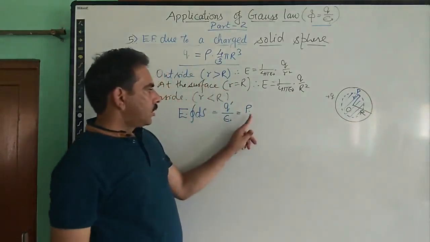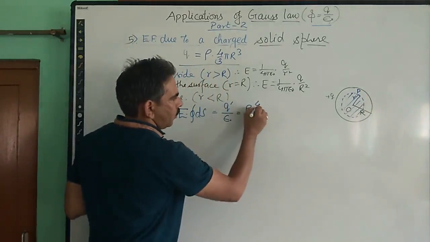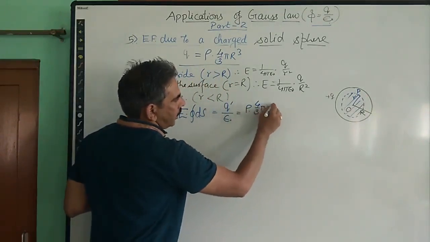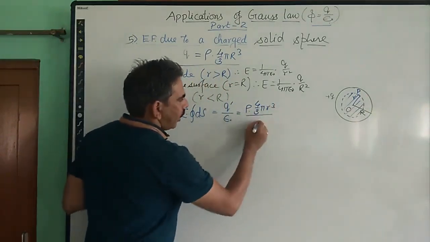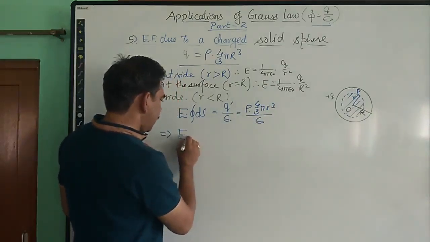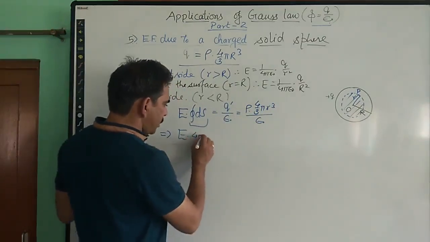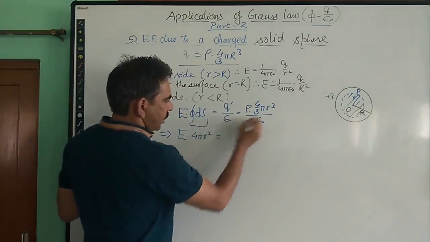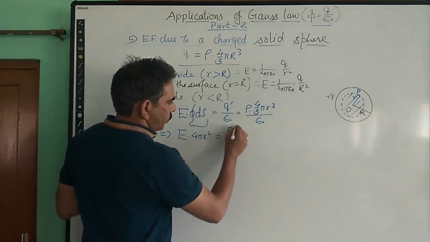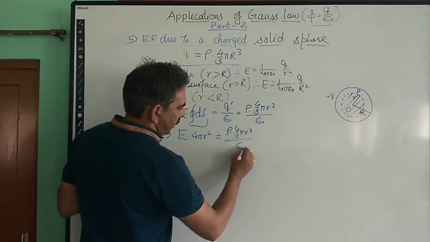Rho is the charge per unit volume, multiplied by the total volume of the Gaussian surface, which is 4 by 3 pi r cube, upon epsilon naught. So the area of this Gaussian surface is simply 4 pi r square, and this reduces to rho into 4 by 3 pi r cube divided by epsilon naught.